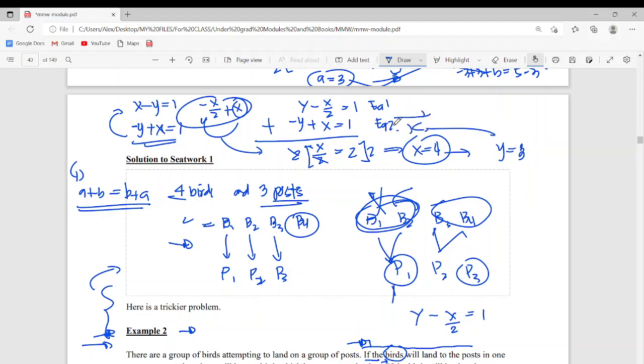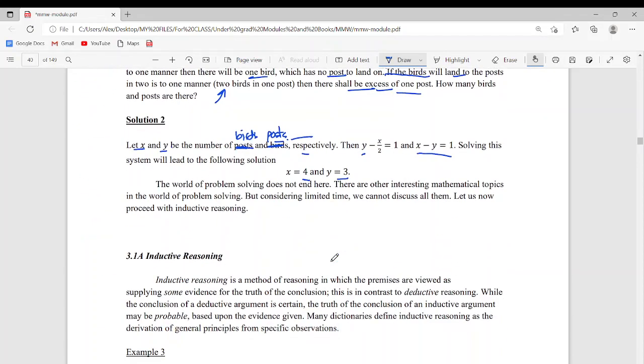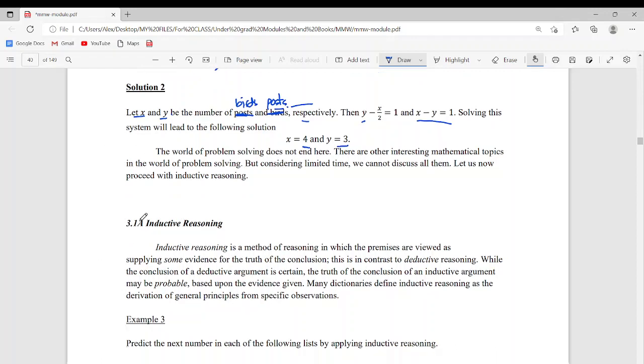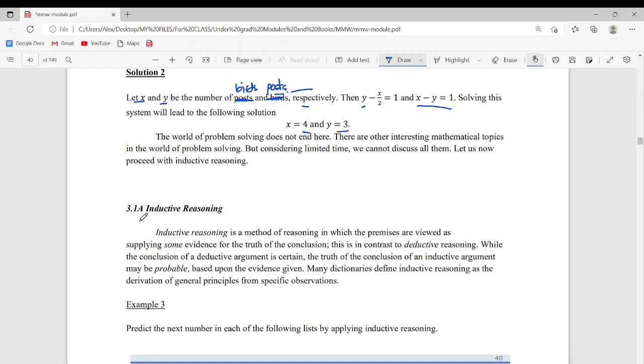Now, let's talk about this one. This is really our topic, but there is something that follows that we will also use. We will now discuss inductive reasoning. Inductive reasoning is the method of reasoning in which the premises are viewed as supplying some evidence for the truth of the conclusion. This is in contrast with deductive reasoning.